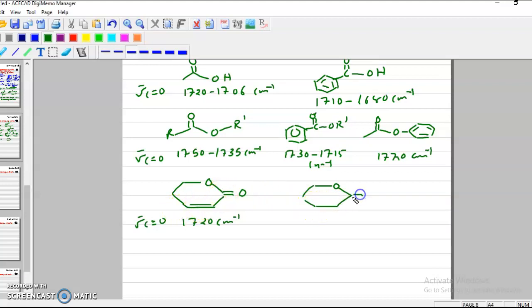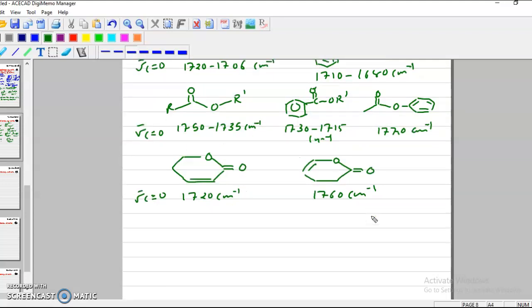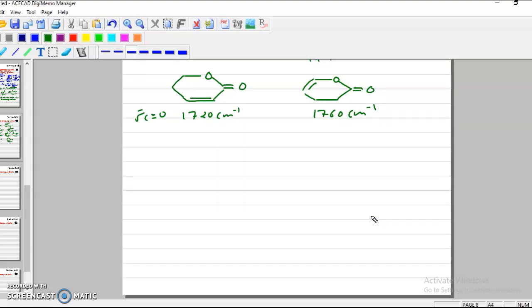But if you take this example where there is no conjugation between C=C and C=O, then it is at 1760 cm⁻¹. So these are all examples in which you will find that due to resonance, you will see the change in C=O stretching. One more example we'll take is of an amide.